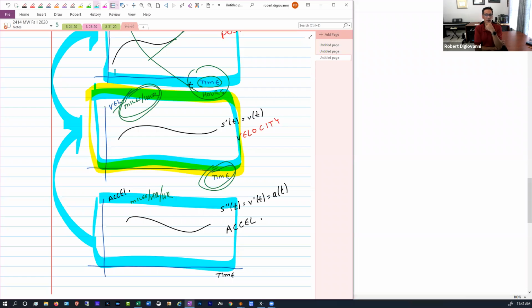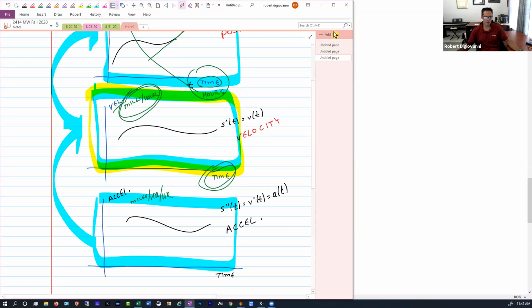Are you going to be able to tell me where it is? No, right? You shouldn't be able to, but it turns out we actually can. We just need a little bit more information. You need to tell me how fast it's going at every point in time, but then you just got to give me one more piece of information, just one little thing, and then I can figure it out.